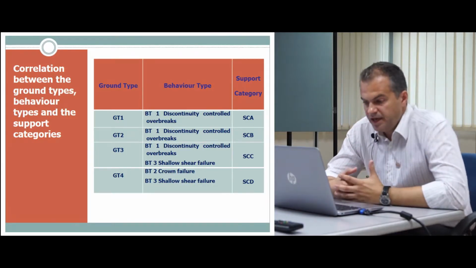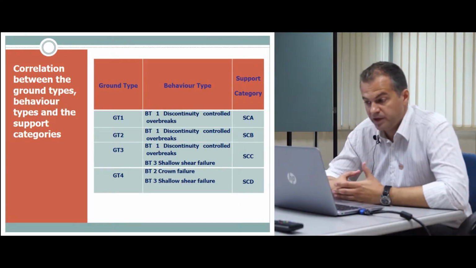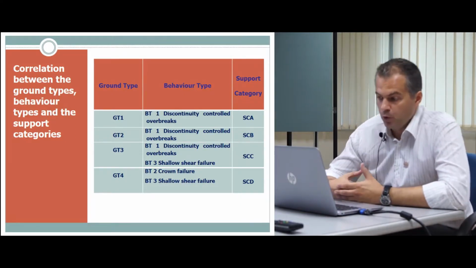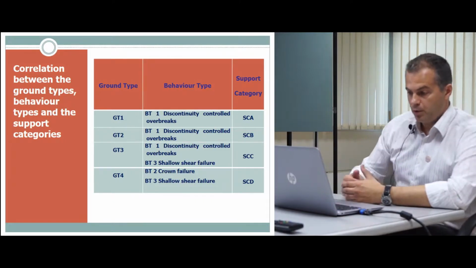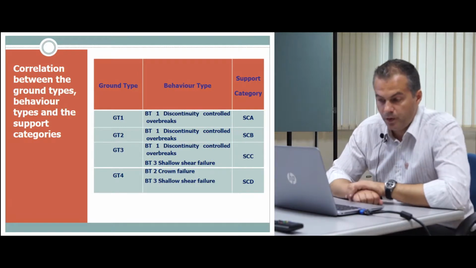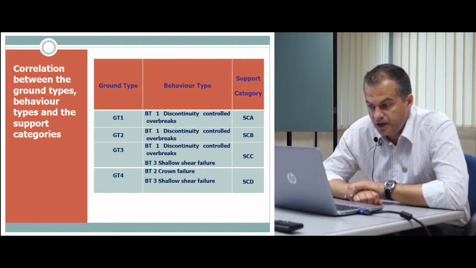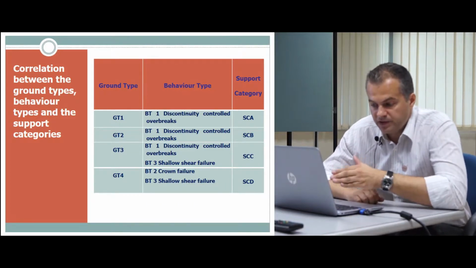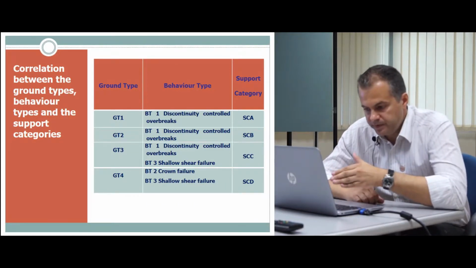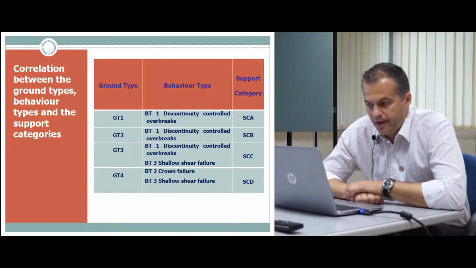So the next step is to correlate these ground types and behavior types with the support category. So 4 support categories were analyzed for these cases and were designed and numerically analyzed in order to control these 3 behavior types in different stress conditions analyzed before.